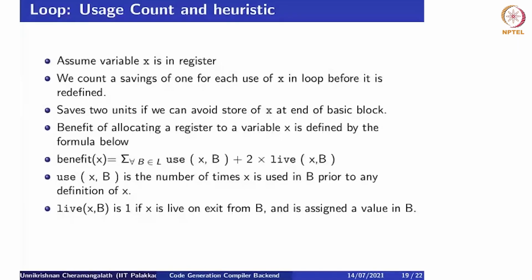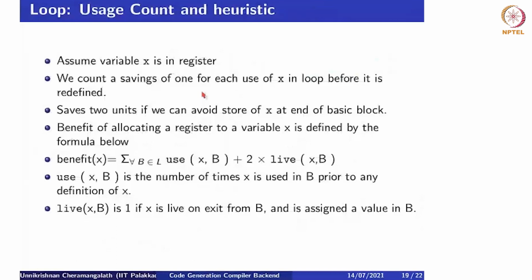So we look at the second condition. Which are the basic blocks in which a is assigned? Only in b1, right? And whether a is live on exit from b1, look at the live out. A is live on exit from b1, so you will have a value of 2.